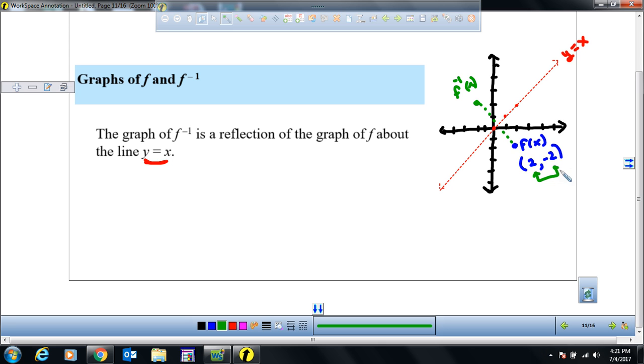Because if I do that, what is that new point going to become? (-2, 2), which is basically the point that we have labeled right here. Okay? So that's how we get the mirror image over the line y equals x, by interchanging the values of x and y on the points of the function to get the points for the inverse function.